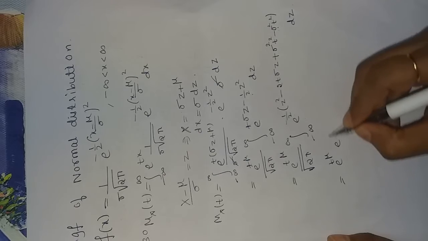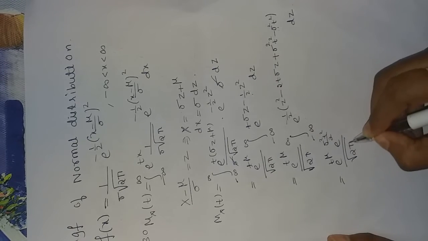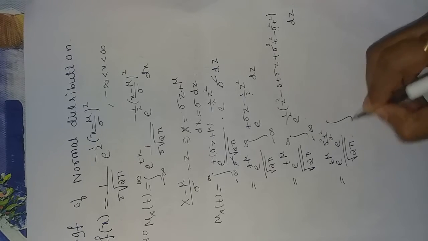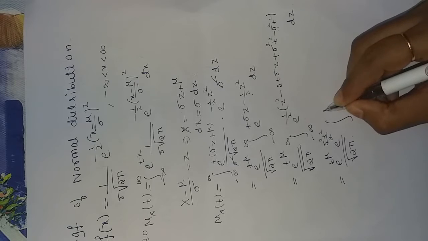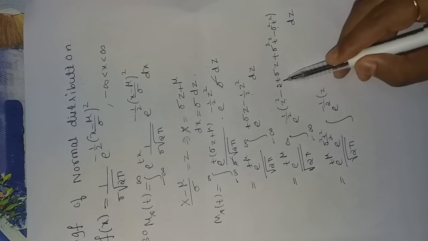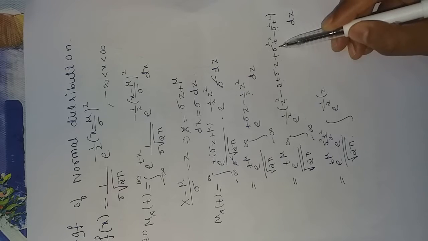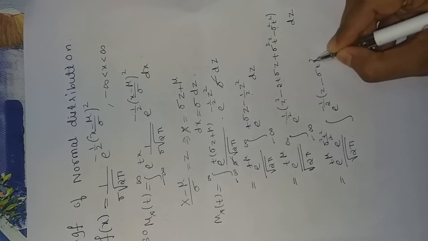Since it is a constant, we'll take it outside. What remains is z square minus 2t sigma z plus sigma square t square. So that is nothing but (z minus sigma t) whole square.